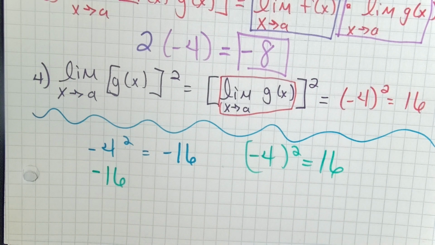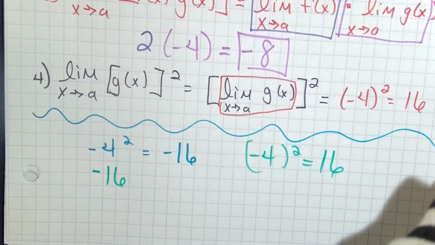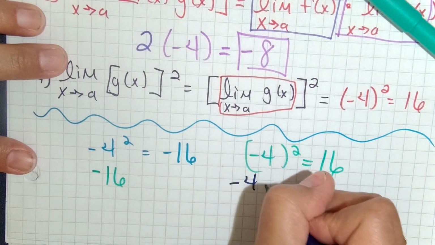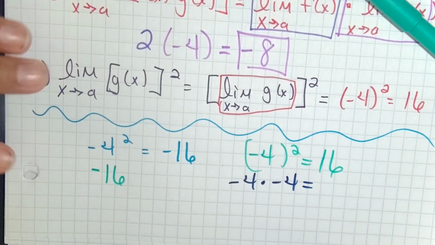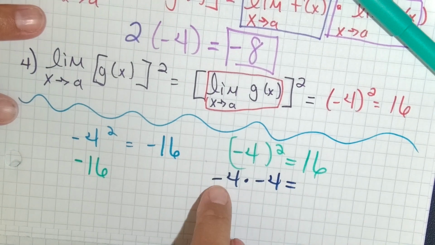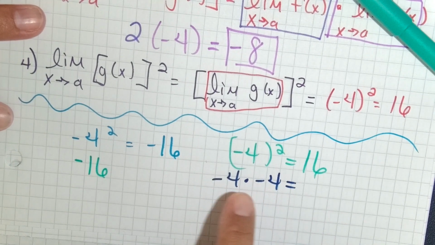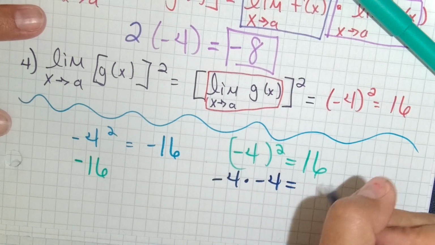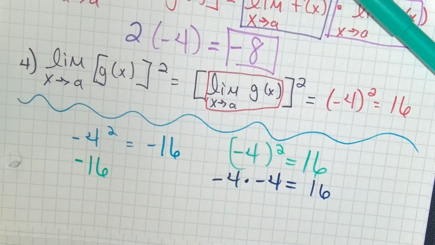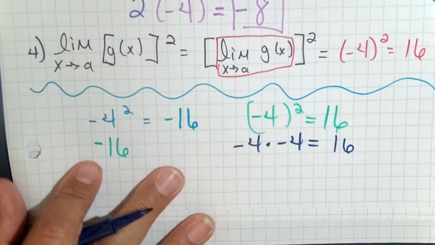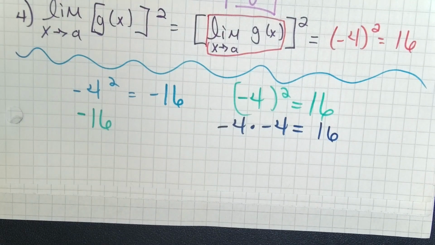Make sure you're using parentheses, because mathematically, this is -4 times -4. What is a negative times a negative? Positive. And then what's 4 times 4? 16. This is why they're not the same. So please, in all that is holy or whatever your religious affiliation is, please use parentheses.